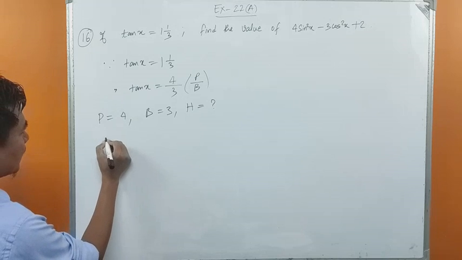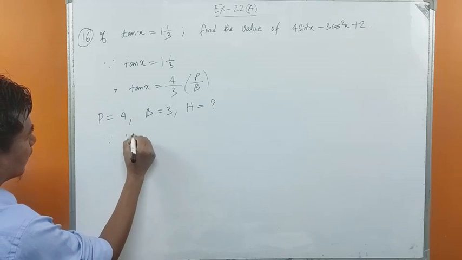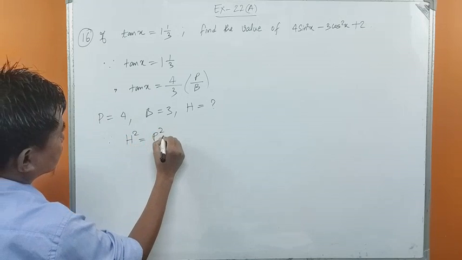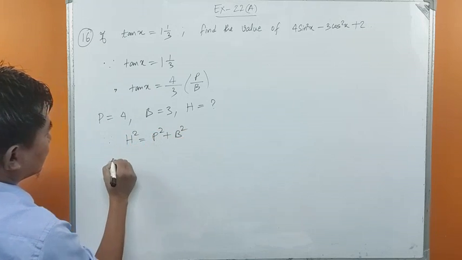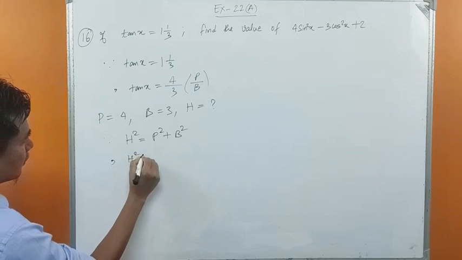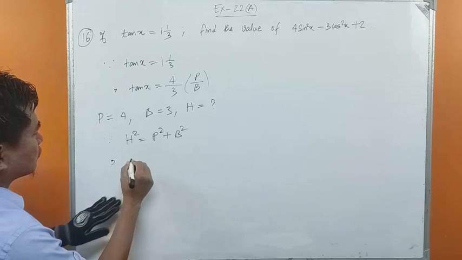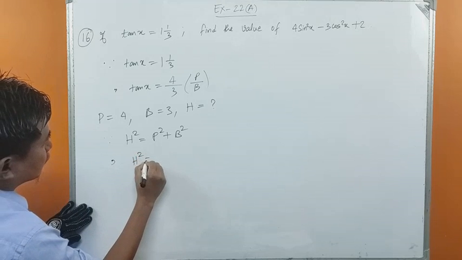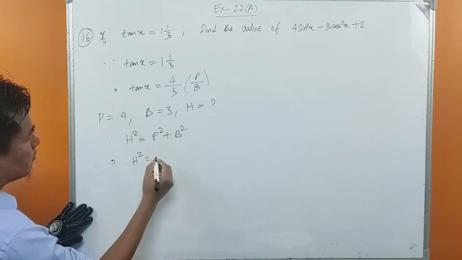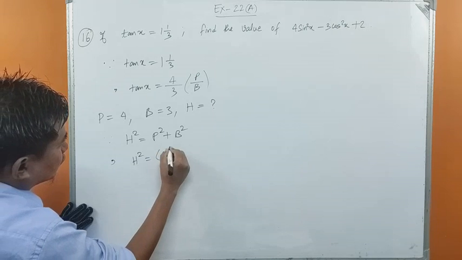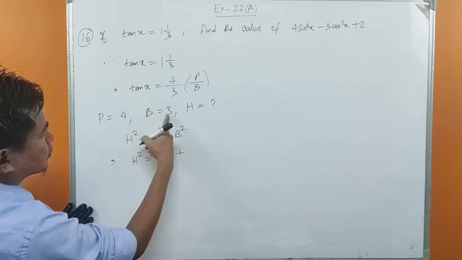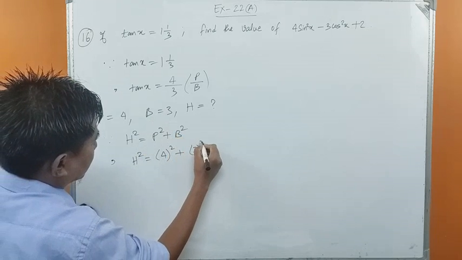Since h square equals p square plus b square, h square equals, what is p? P is 4, perpendicular is 4, 4 square plus, what is b? Base is 3, 3 square.